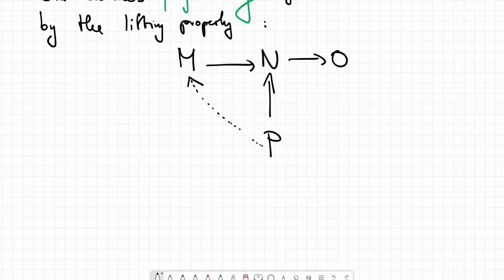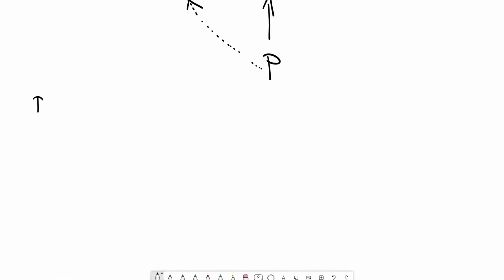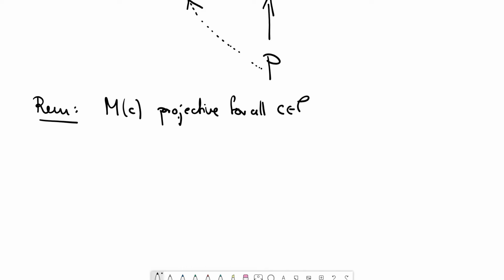Let me make the following remark, that being projective for any object, projective as an R module does not imply, in general, that M itself is projective as an RC module. But the other way around it works? Yes, the other way around works.